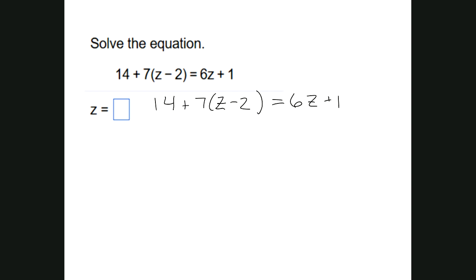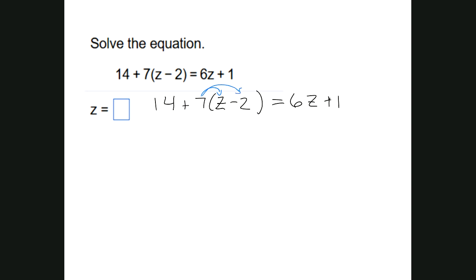All right, so 14 plus 7 times z minus 2 is equal to 6z plus 1. So the first thing we need to do here is to distribute on the left-hand side. We want to take this 7 times z and 7 times negative 2.